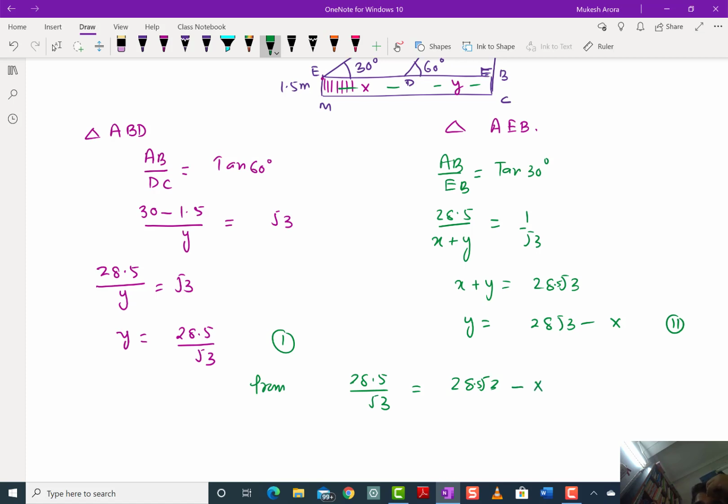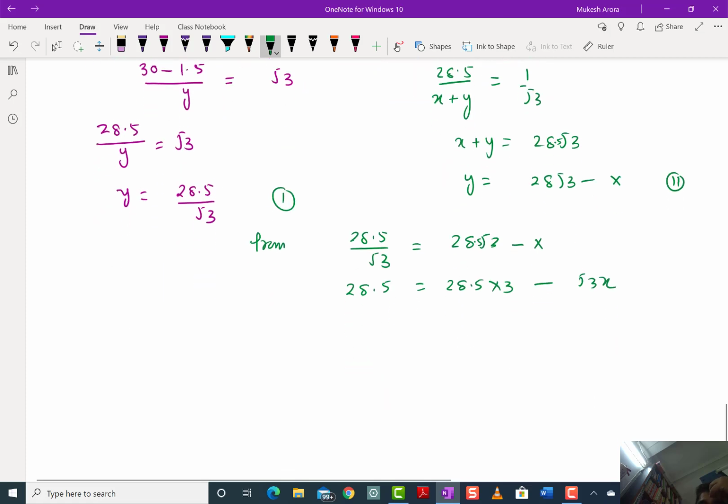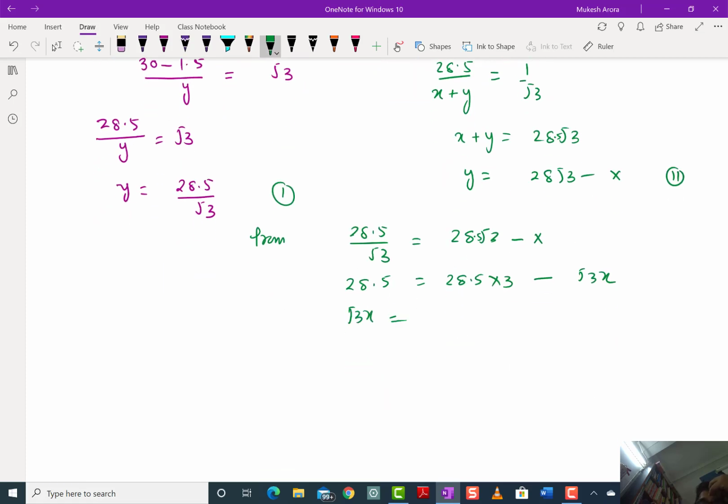minus X. So 28.5 is equal to 28.5 into 3 minus root 3X. So it will be root 3X is equal to 28.5 minus 28.5 root 3.